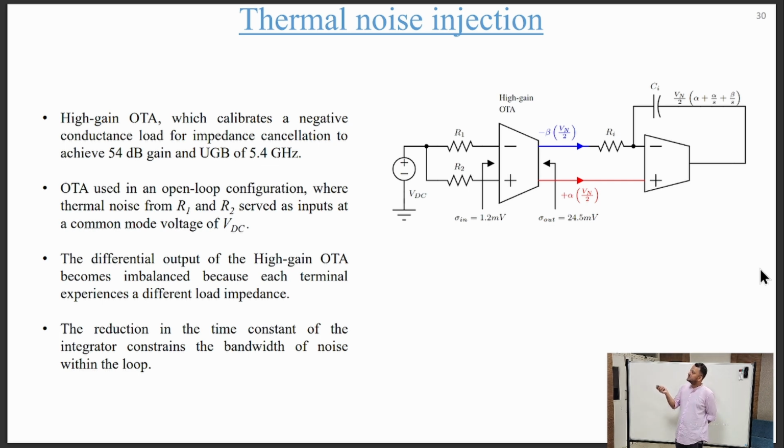The positive terminal will see 1 plus 1 by S transfer function. The negative terminal will see simply 1 by S. Accordingly, we get this output at the output of the integrator, that is Vn by 2 times alpha by S plus beta by S. So though there is some attenuation, we will get the noise at the integrator's output. And extra alpha Vn by 2 noise is also added at the output of the integrator, which aids in increasing the randomness.